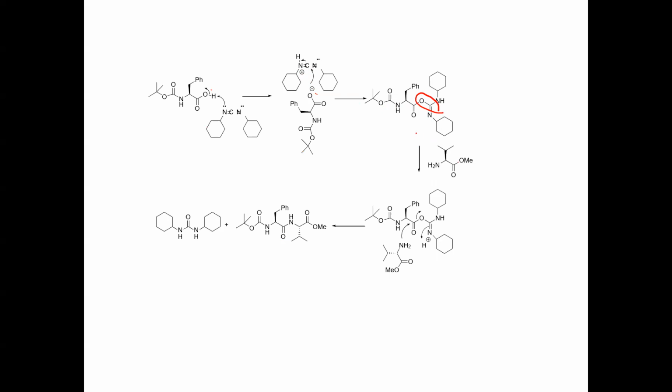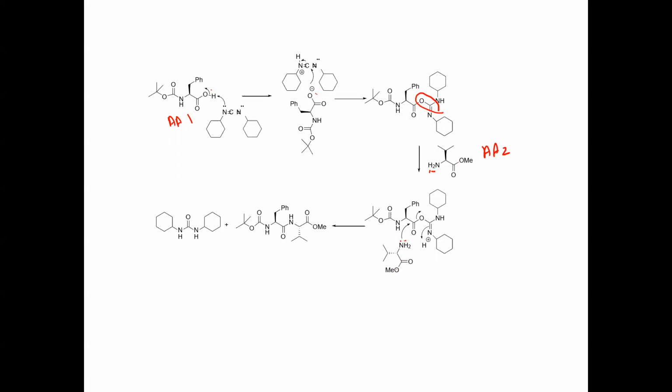In the next step, this is amino acid 1 and this is amino acid 2. The second amino acid will also interfere with the reaction here. In the amino acid there is also a lone pair of electrons. This is the second amino acid.